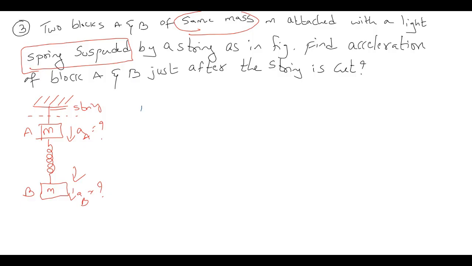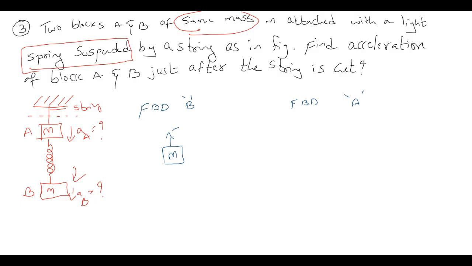First you have to take a free body diagram for B as well as for A. If you take B, for B there is a mass m. Tension will be upwards for this, because when this block is going down, this spring will pull up.